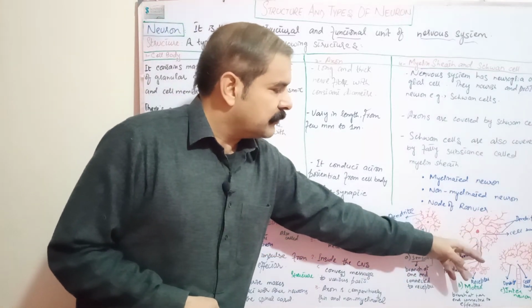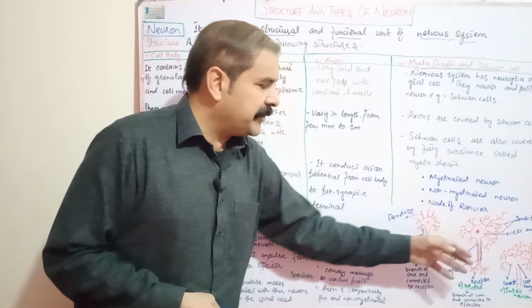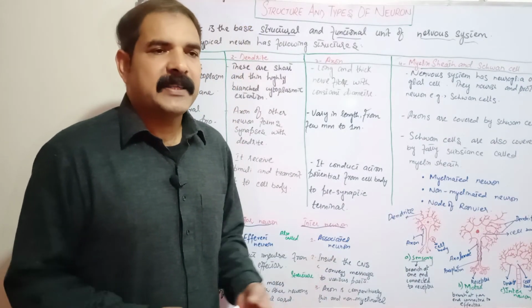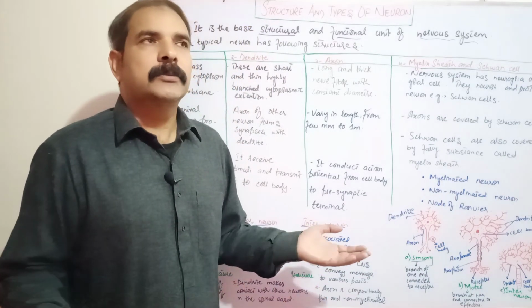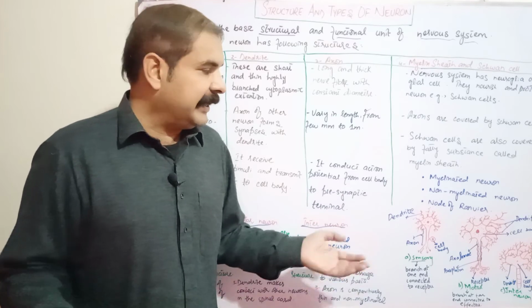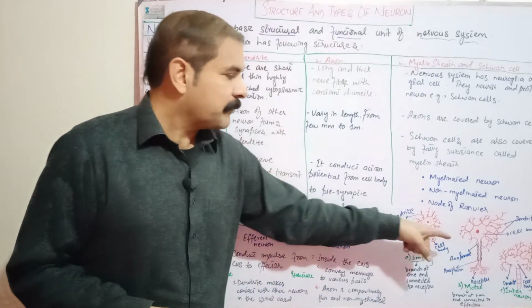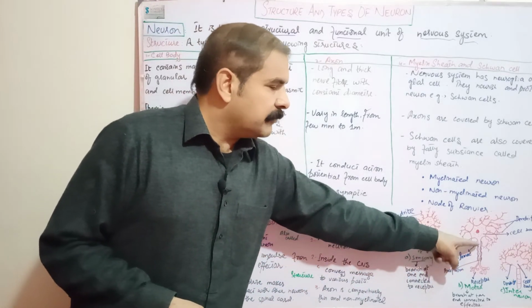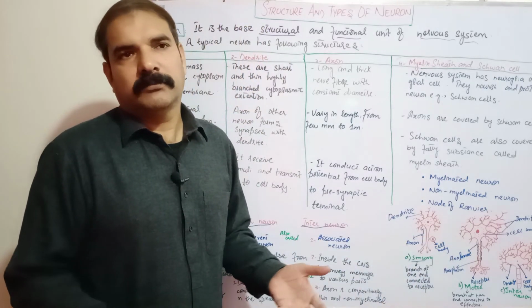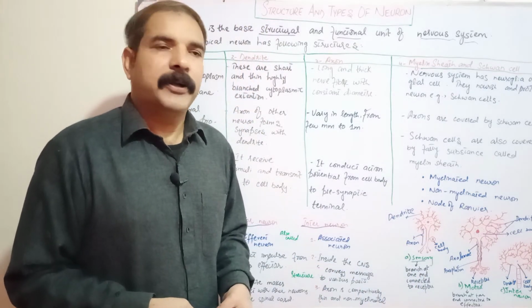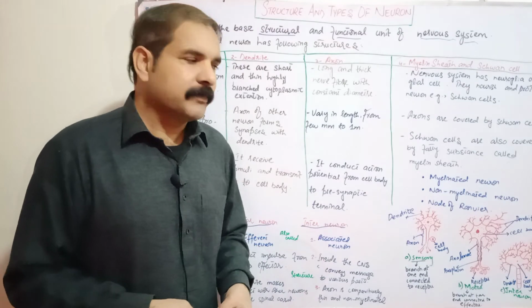Axon, which is fibrous with a constant diameter, but the length may vary from a few millimeters to 1 meter, and they may be covered by Schwann cells and myelin sheath.